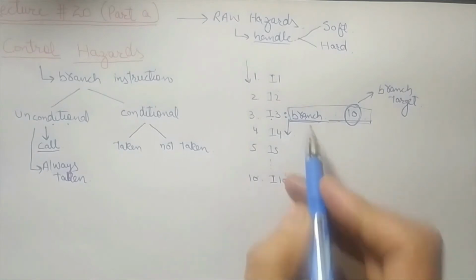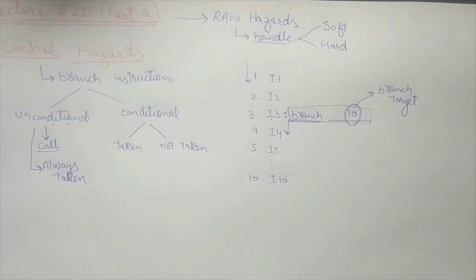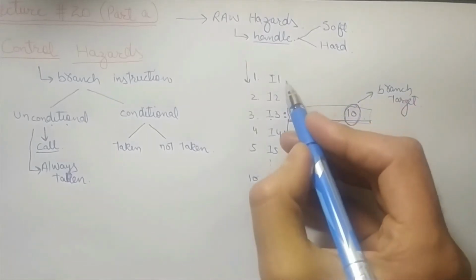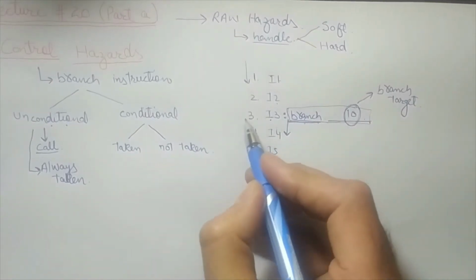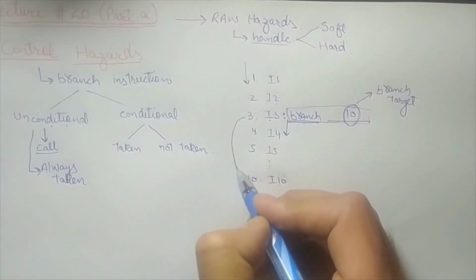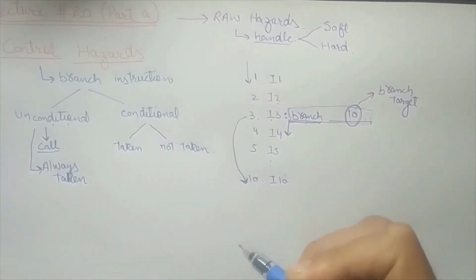So if a branch is taken, we have to change from sequential execution, which means one instruction after another, to non-sequential execution.